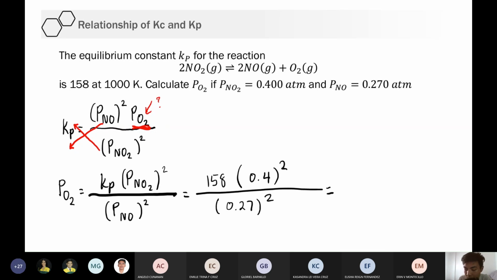Solve natin yan. 158 times 0.4 squared divided by 0.27 squared. So the final answer will be 346.78 atm. Laki, no? Laki ng pressure ng oxygen.